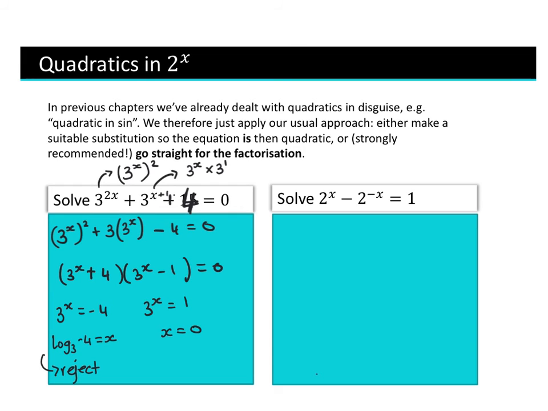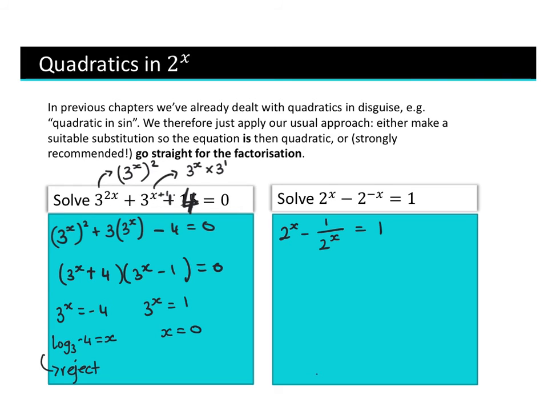Are we ready? Okay, so 2 to the power of x minus 1 over 2 to the power of x equals 1. Again, what do we have here, everybody? Hidden quadratic in disguise. I'm now going to multiply everything through by 2 to the power of x.